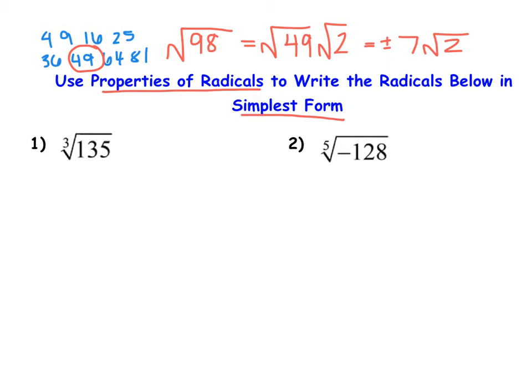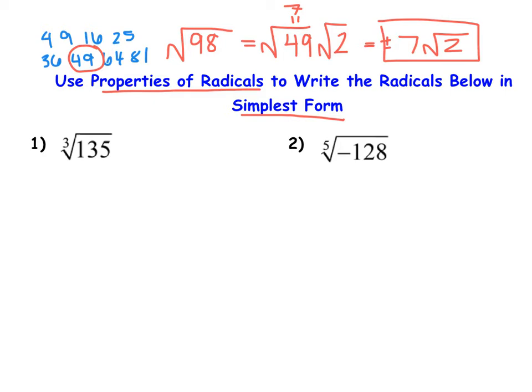So I could rewrite 49 as its perfect square, 7, and it would go into its simplest form. We're going to do this same thing with all different types of roots, including the third root, the fourth root, the fifth root, and so on. So we're not just looking at square roots anymore.